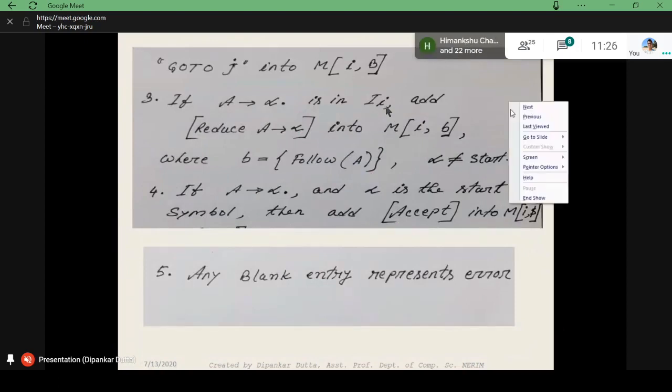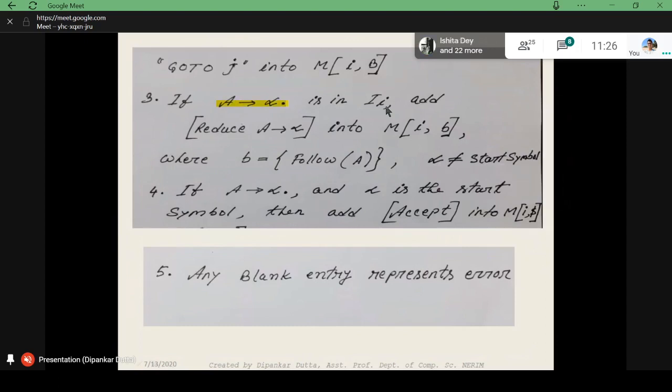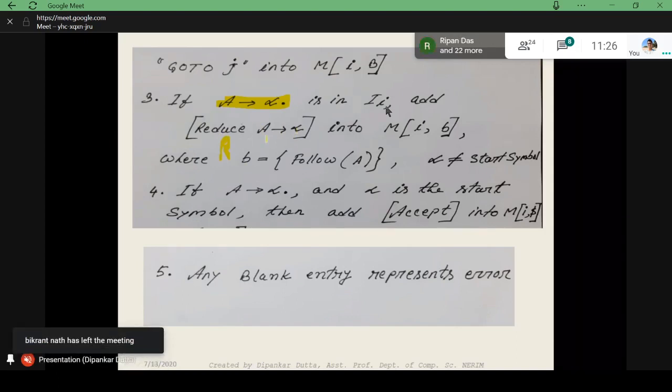So now you can go through the algorithm. Now it will be very easy for you. If A implies alpha dot is there, suppose T implies F dot in I, then what to do? Add reduce A implies alpha. Now we replace this reduce by R and the production by some number.